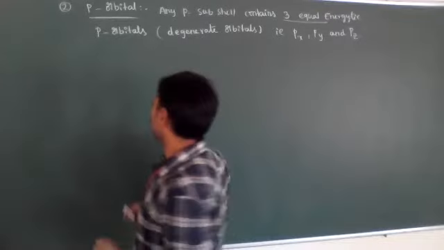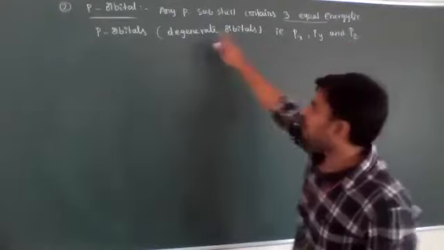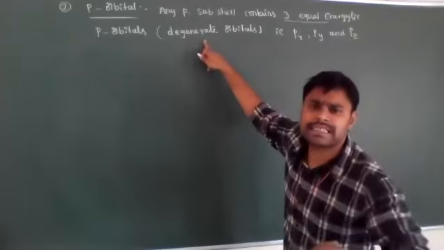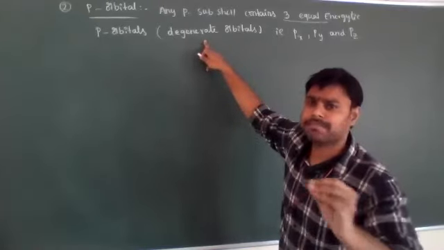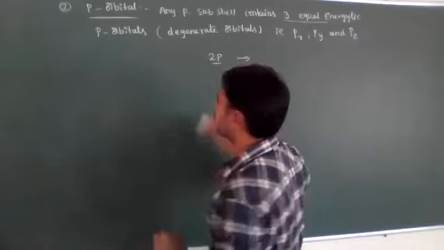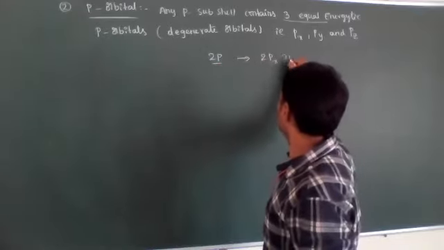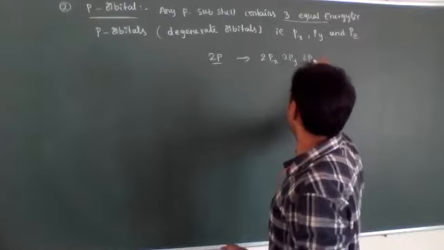Now these Px, Py, Pz orbitals have almost the same energies. For example, in the 2p subshell, there are three p orbitals: 2px, 2py, and 2pz.